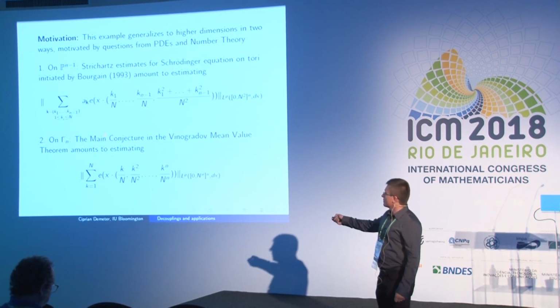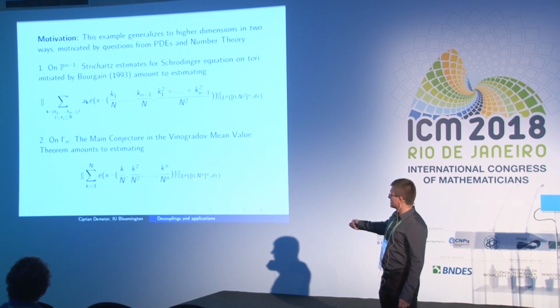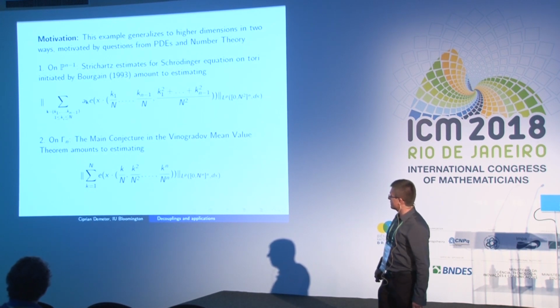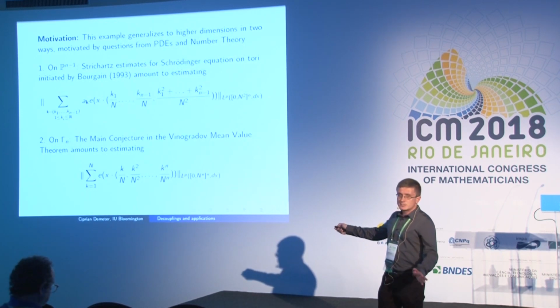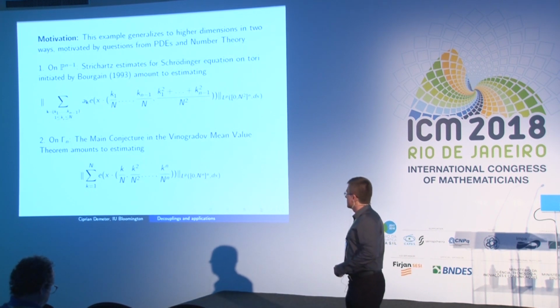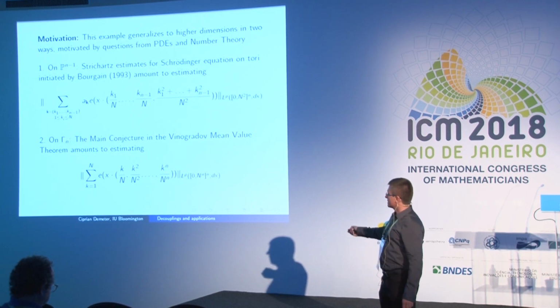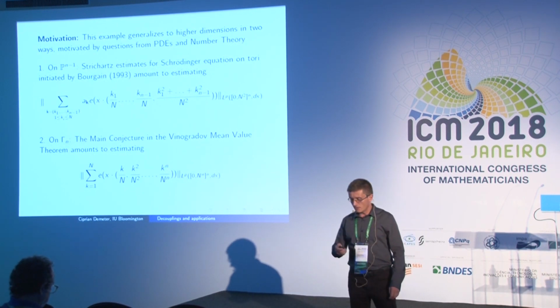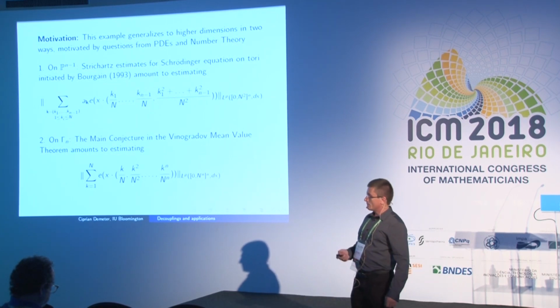On the other hand, if you look at frequency points of this sort on the moment curve, and you integrate on the correct ball, which in this case has size roughly n to the power n, then understanding this otherwise simple looking object amounts to solving the Vinogradov mean value theorem, the main conjecture. And this has been a long-standing problem, and again, we managed to solve it for all values of little n using decouplings. So there are applications and motivation coming from both number theory and PDEs.